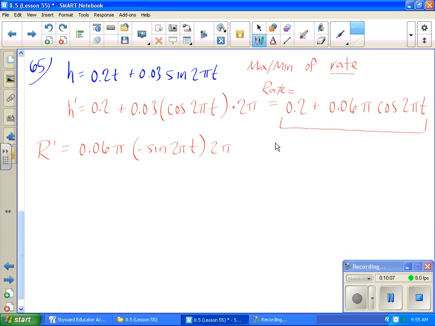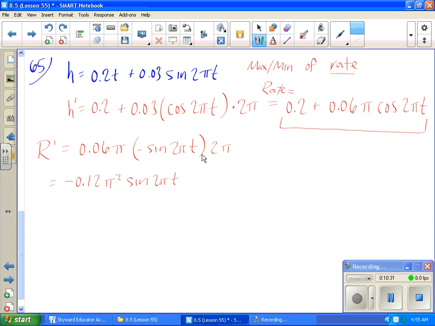So right now I have 0.06 times 2, which gives me 0.12 pi squared. And I'm going to pull that negative out front, so let me do that now. And then I still have sine of 2 pi t back here.